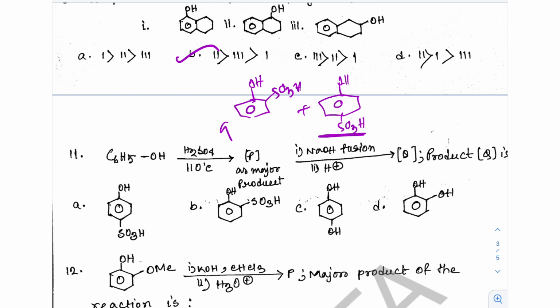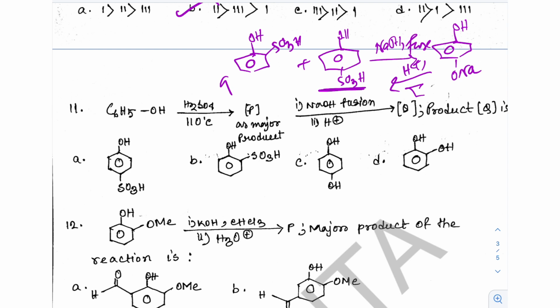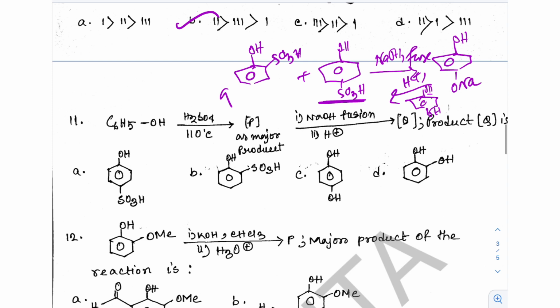This is P, and when it is treated with NaOH fusion and H plus, we will get sodium phenoxide, and then after protonation ONa will be converted to OH once more. So this will be the product Q. Option C is the correct answer.